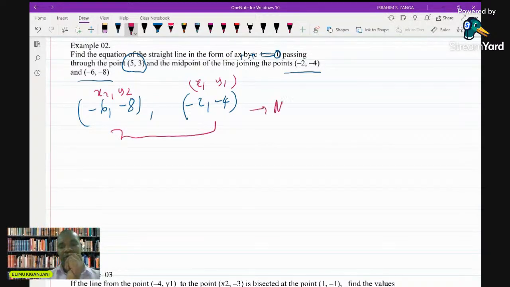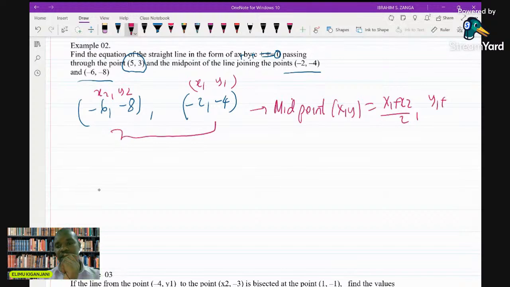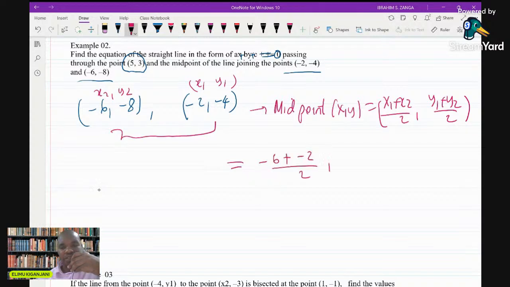And we are going to say that the midpoint (x, y) equals x1 plus x2 over 2, y1 plus y2 over 2. So the midpoint (x, y) will be equal to (-6 plus -2) divided by 2, (-8 plus -4) divided by 2.